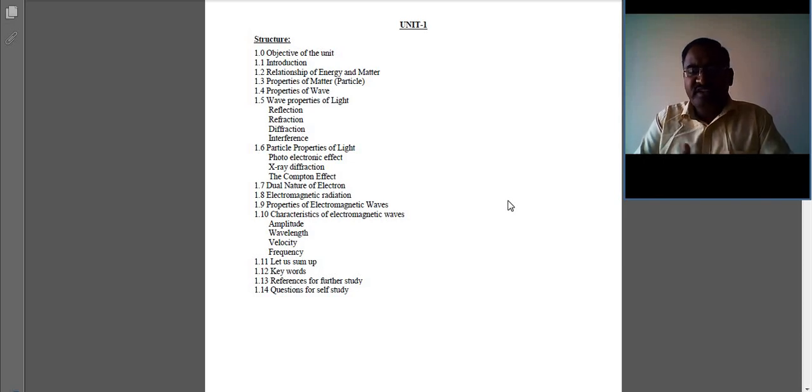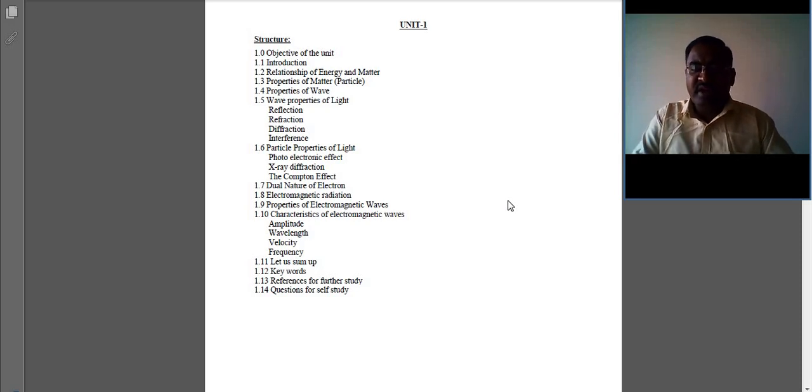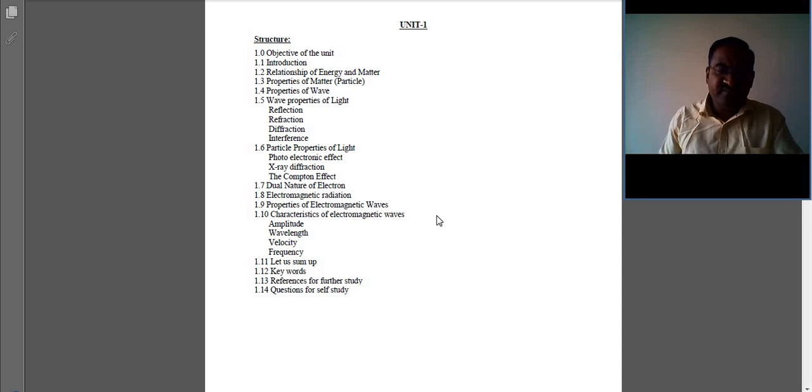The properties of matter, wave properties of light like reflection, refraction, diffraction, interference, and particle properties of light: photoelectric effect, X-ray diffraction techniques, and the Compton effect, dual nature of electron, electromagnetic radiation, and characteristics of these electromagnetic waves like amplitude, wavelength, velocity, frequency, etc.